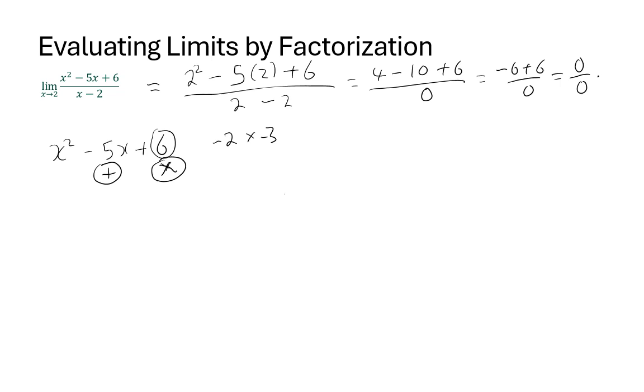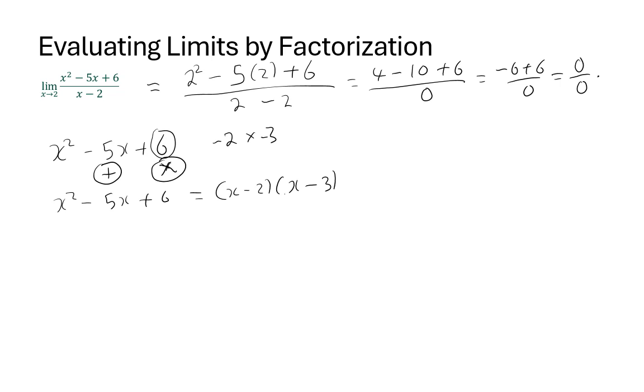So if we get this, then we can say x squared minus 5x plus 6 is equal to x minus 2, and here we have minus 3. So we write x minus the first term, and x minus the second term.